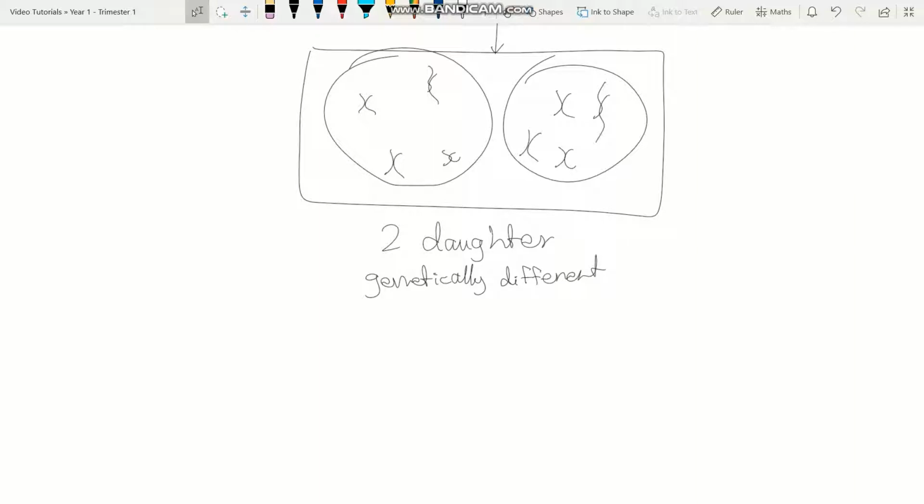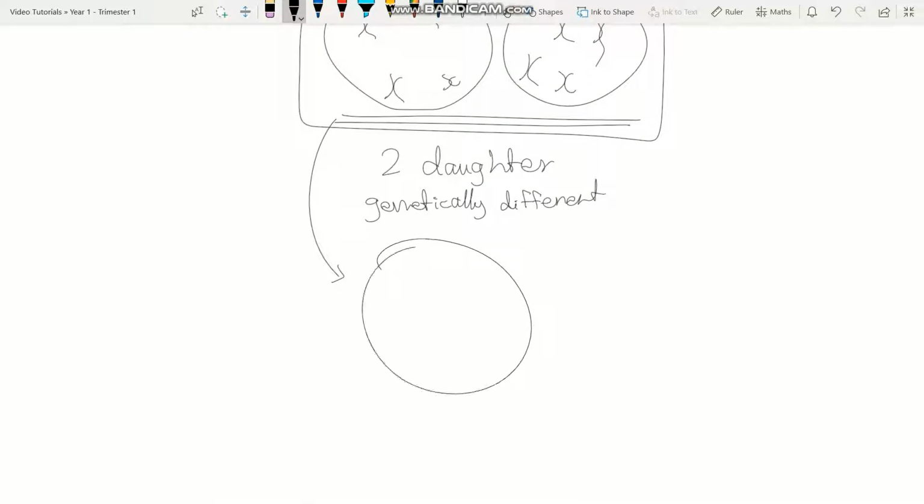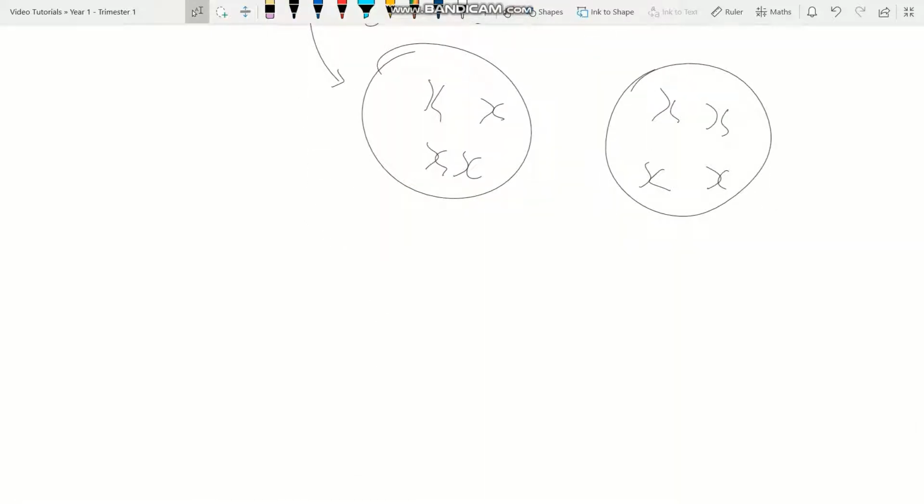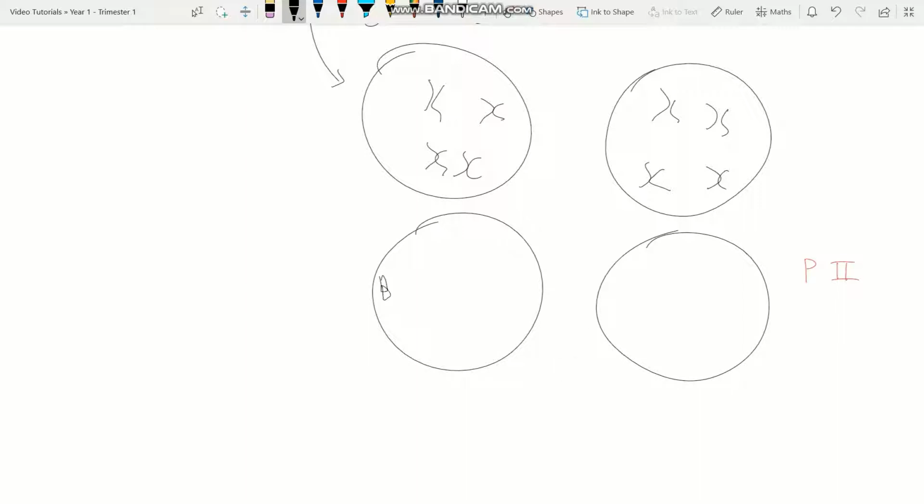So we have these two daughter cells that have been formed from meiosis 1, and if I redraw them here with their 4 chromosomes, what essentially occurs is that in prophase 2, which I'll abbreviate to P2, the kinetochore microtubules and microtubules will start to form from the centriole pairs on both poles of the cell, and they'll essentially start to bring the chromosomes towards the center of the equator of the cell, which, as I've mentioned quite a number of times, is the metaphase plate.